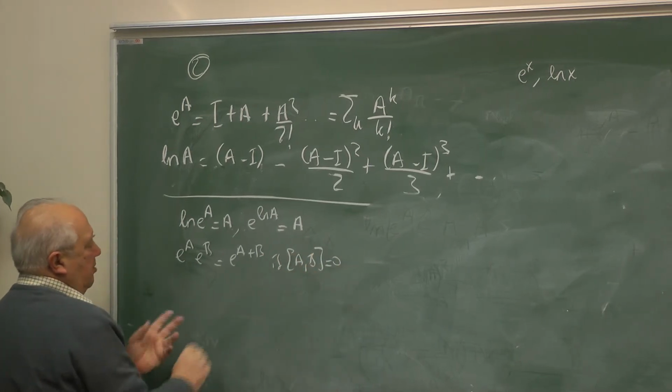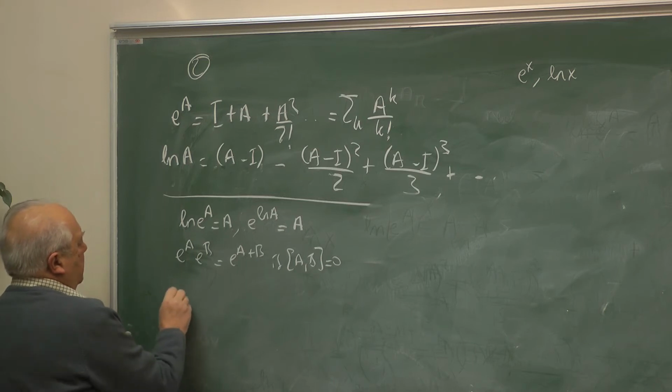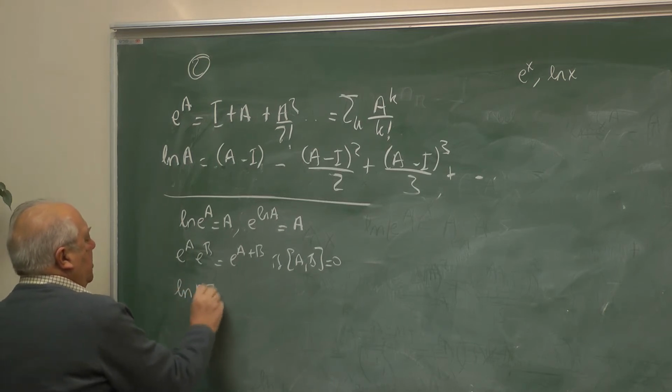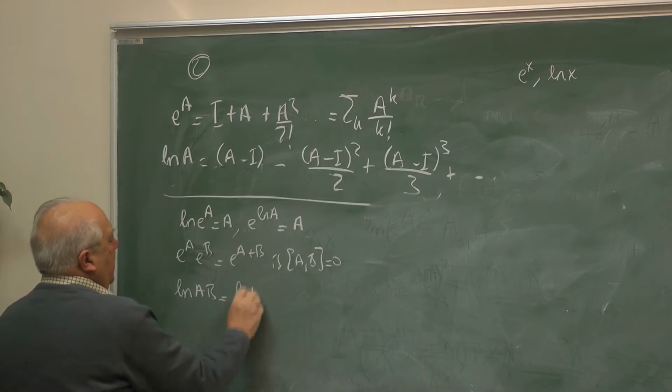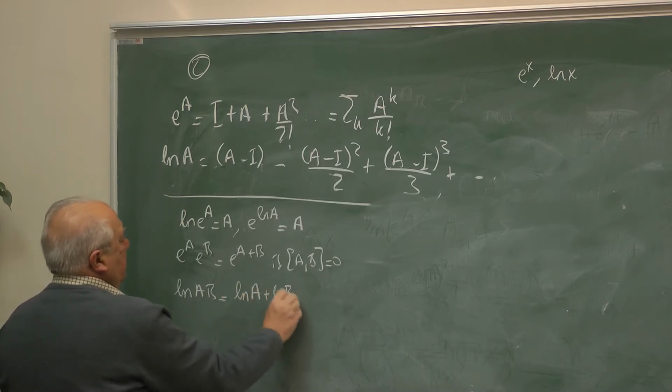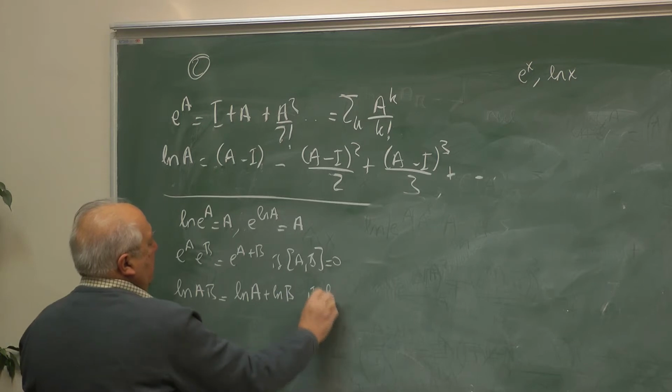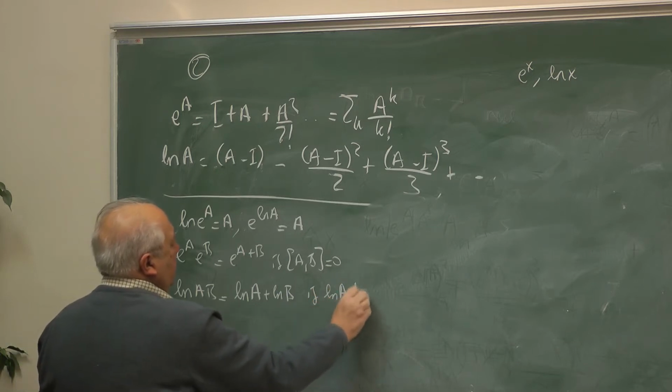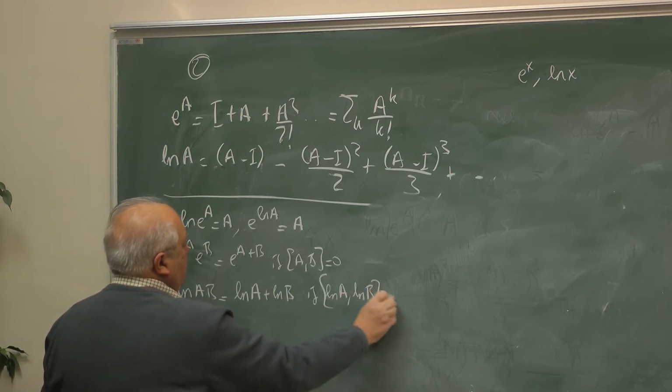If they commute, AB is equal to BA, and log AB is equal to log A plus log B if log A, log B commute.